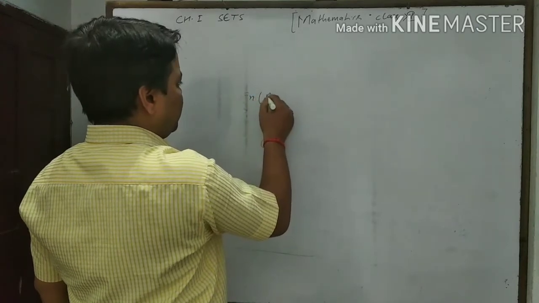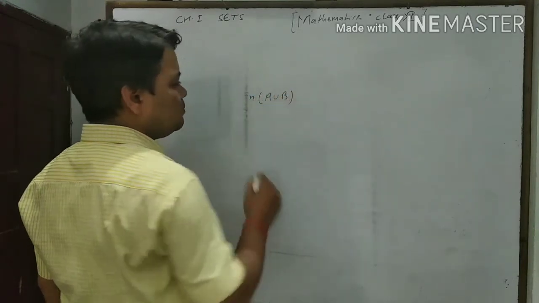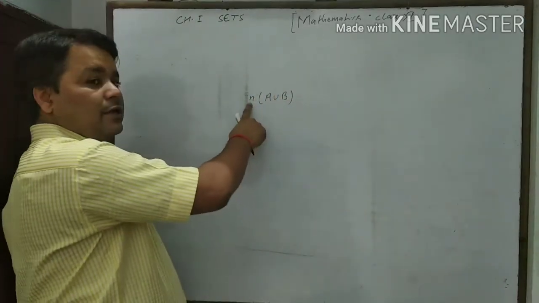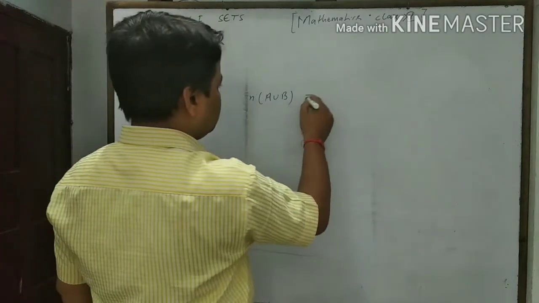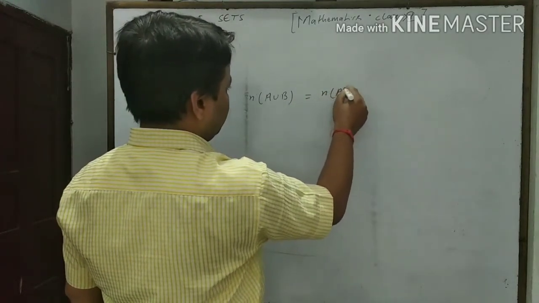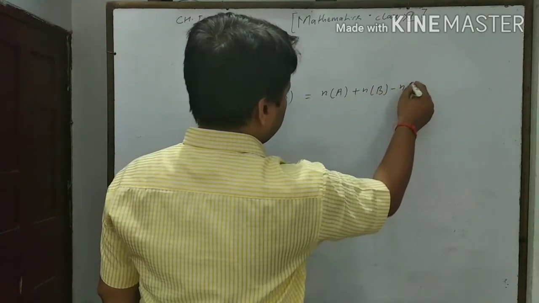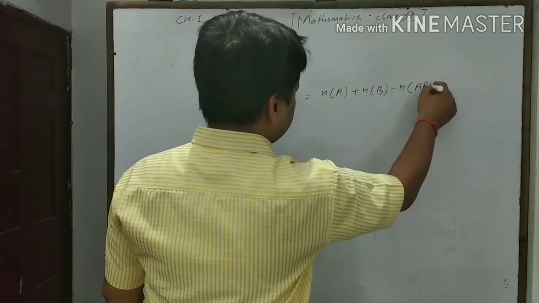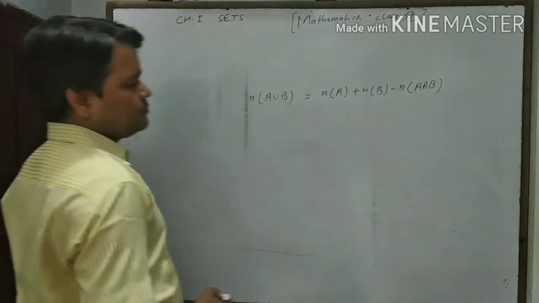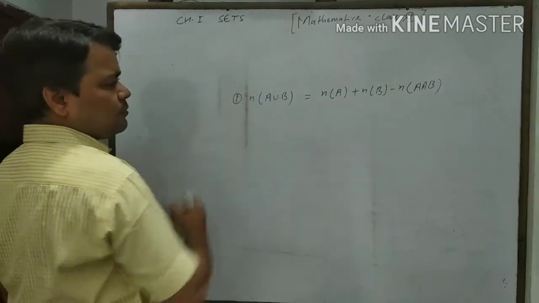The cardinal number of A union B, means the total number of elements in A union B, is equal to the cardinal number of A plus the cardinal number of B minus the cardinal number of A intersection B. First formula.